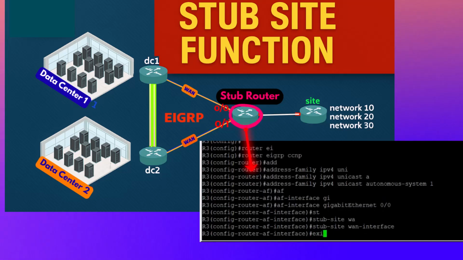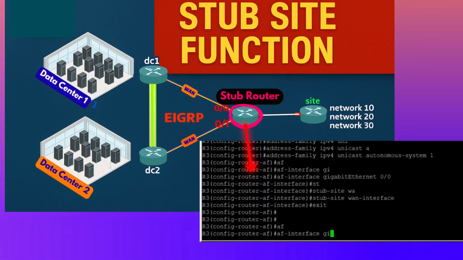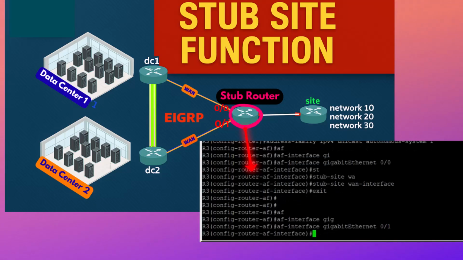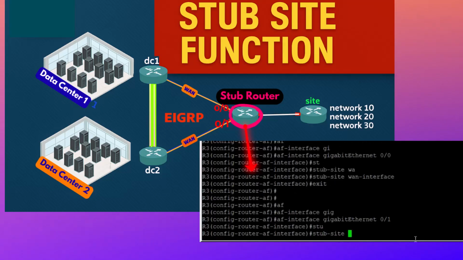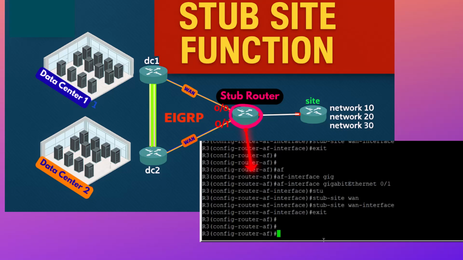Then we exit that interface and get into another interface, which is 0/1, connected to our data center 2, and input the command stub-site wan-interface. This interface is a stub site WAN interface as well.